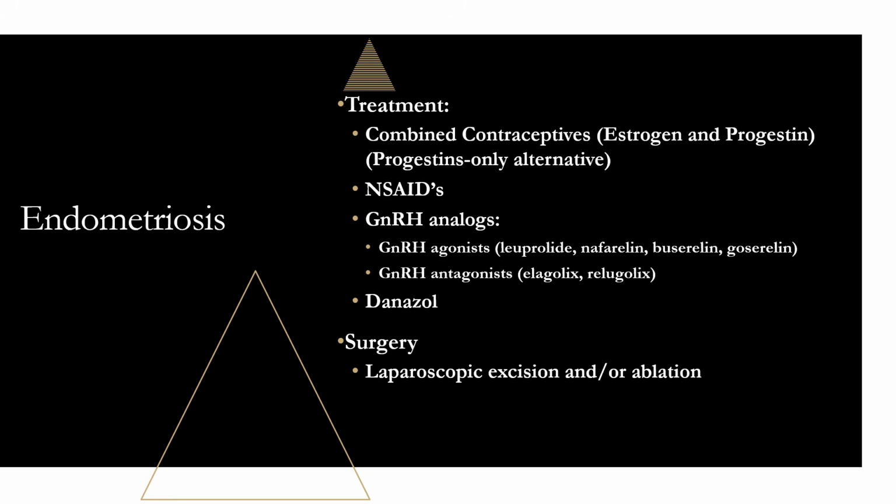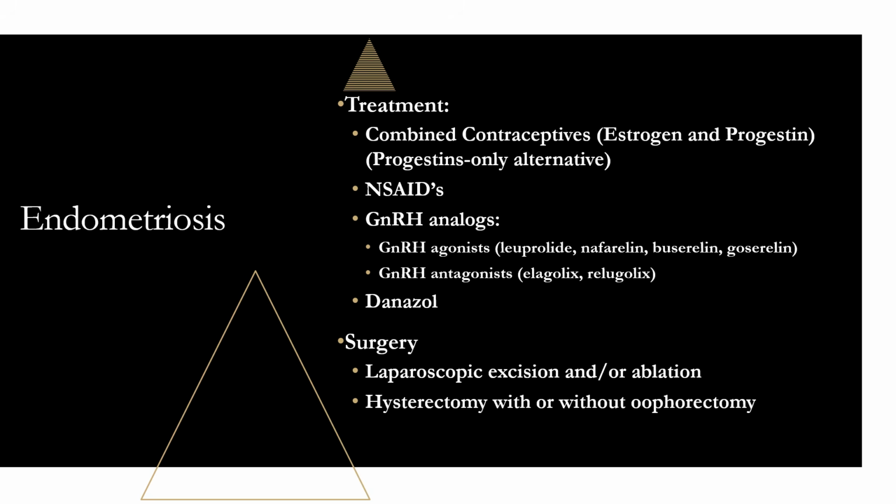So in women with debilitating symptoms, who have no plans for future childbearing, and who have failed both medical therapy and conservative surgical therapy, these women would be candidates for a hysterectomy with or without oophorectomy. This is obviously last line treatment as it's much more invasive and obviously due to loss of fertility with this type of surgery, but it can be a definitive option for some patients.